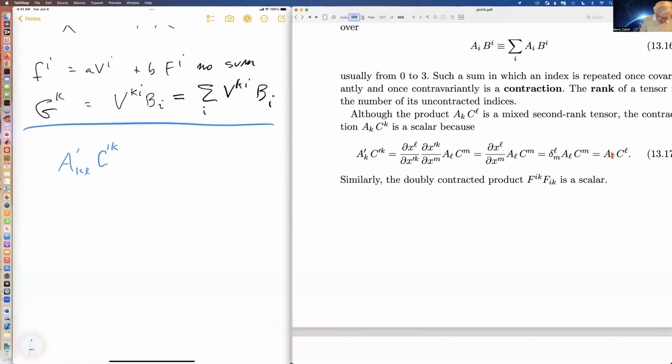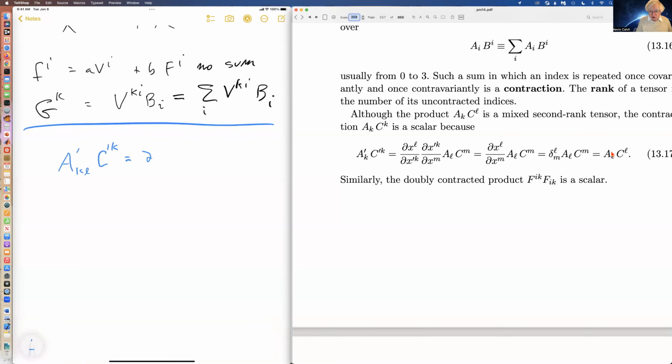Well, what is this? We could write this in this way, and what would happen is we would have the K thing. I'm sorry, let's do the L thing.